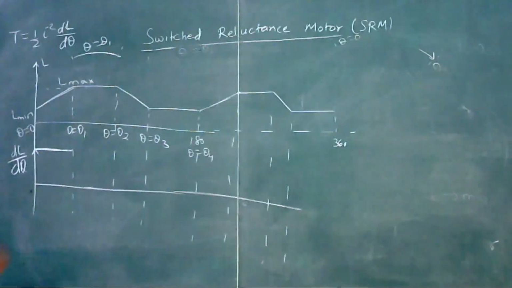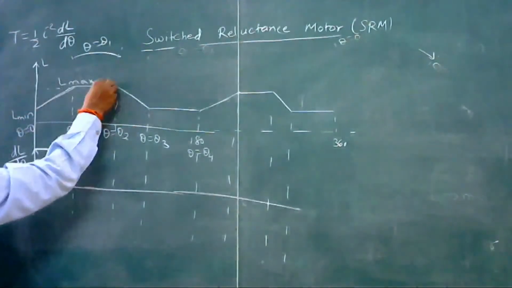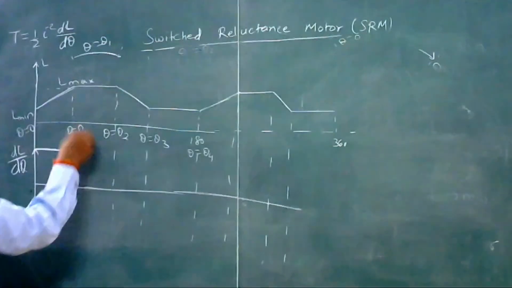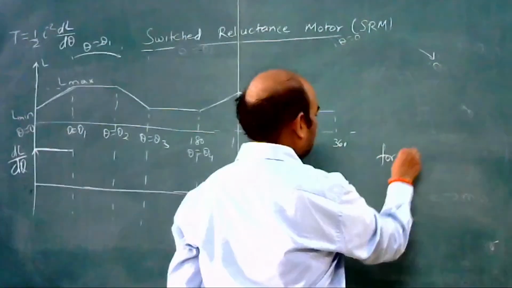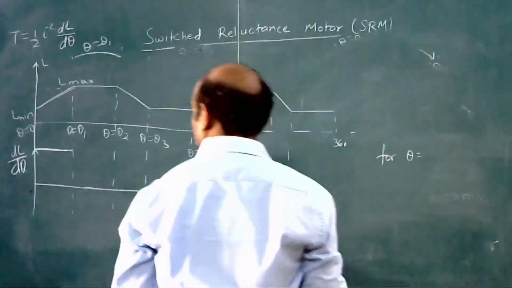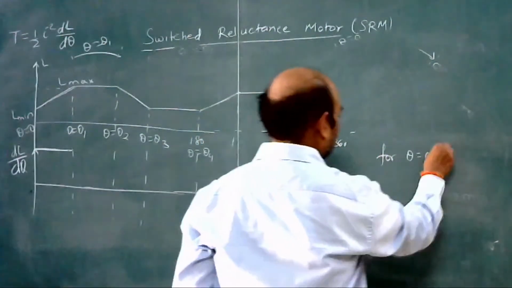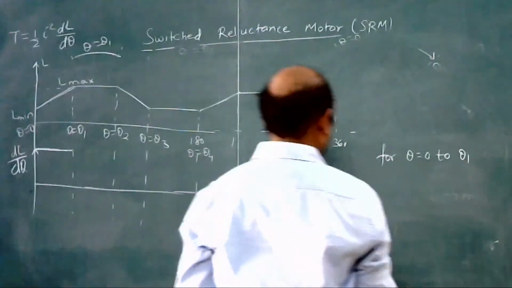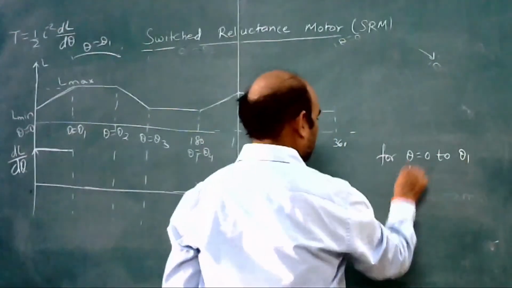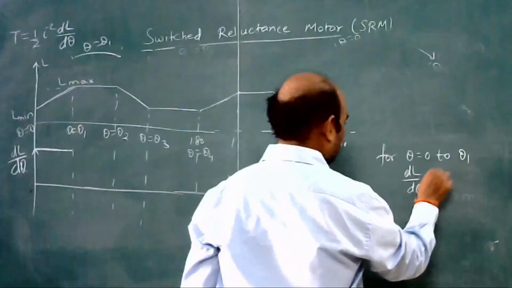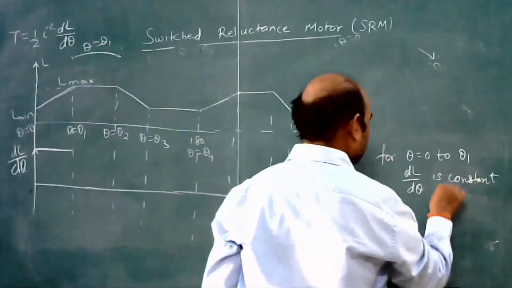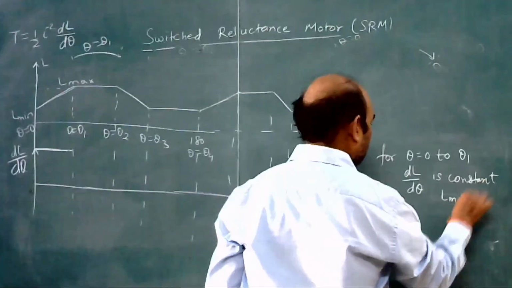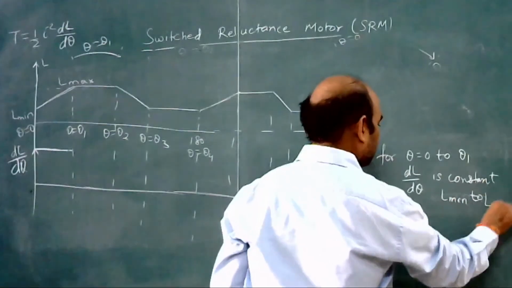Okay, and then this L is maximum. So for theta is equal to 0 to theta 1, dL by d theta is constant, and L is varying from L minimum to L max.